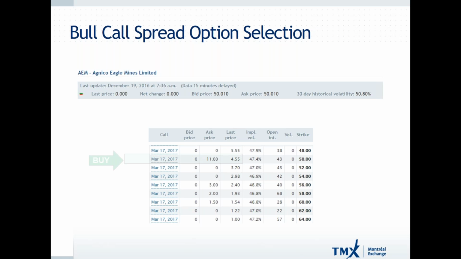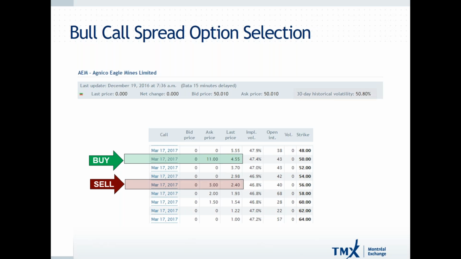So if we just take a quick look at what the options chain looks like. If we're buying the March, and this was pre-market, so I went with the last price just to give you an idea, we're going to pay $4.55.